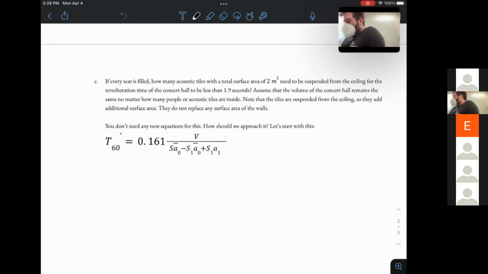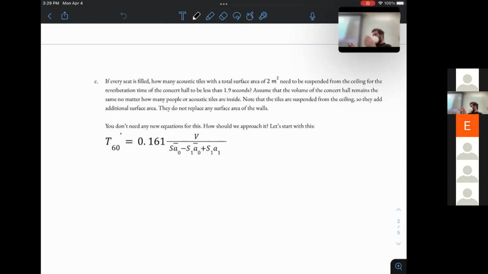Yeah, so they're suspended from the ceilings. If I'm picturing it, have you been in a concert hall where there are acoustic tiles parallel to the surface of the ceiling, hanging from each corner by a cable?